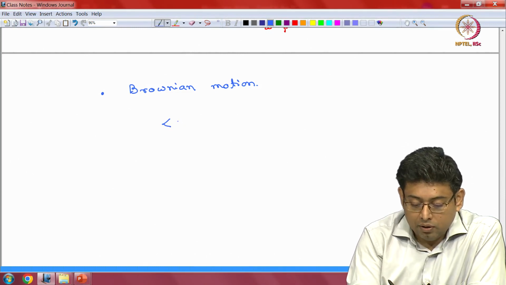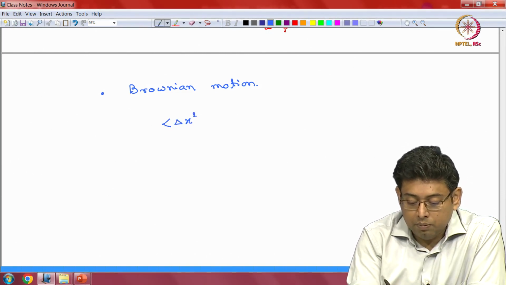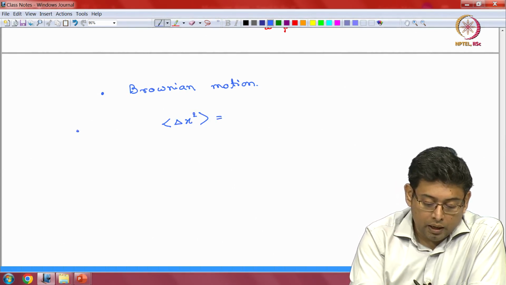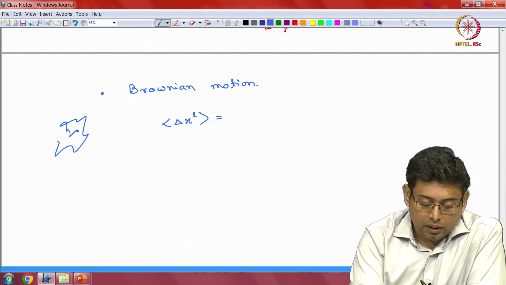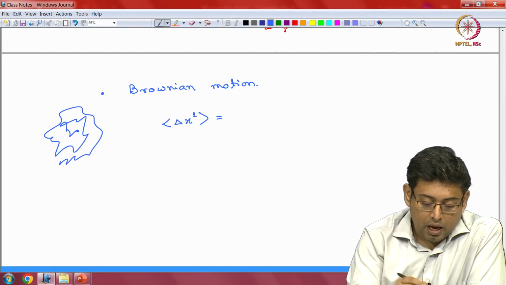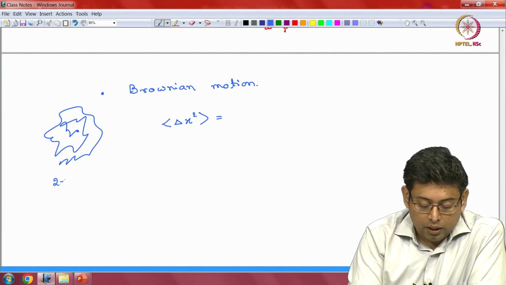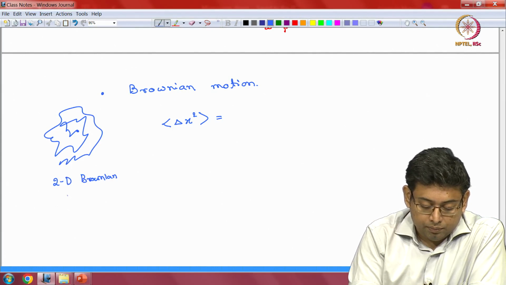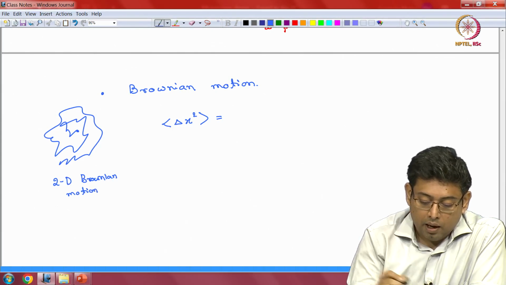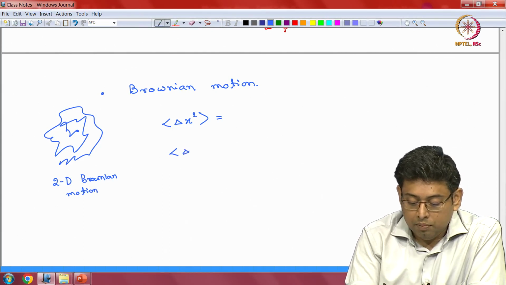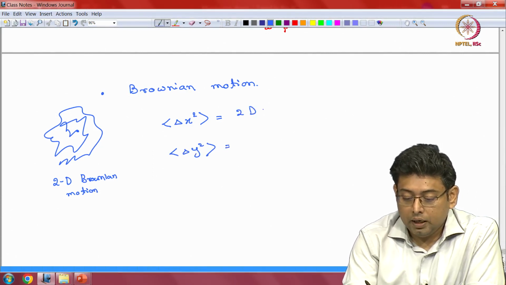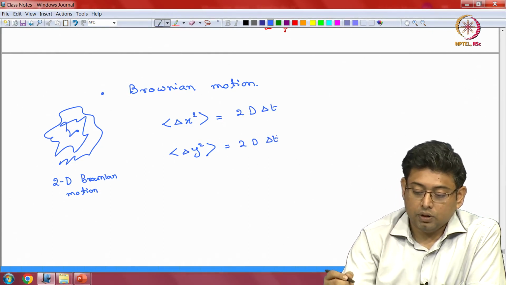Now, there is a famous relationship which is the mean square displacement relationship. So, if the particle is moving in the x, y and z directions, let us say this is its Brownian motion trajectory, and this is, let us say, a 2D Brownian motion. Then the mean square displacements in the x and y directions are equal to 2D times delta t, where D is the diffusion coefficient. Okay.